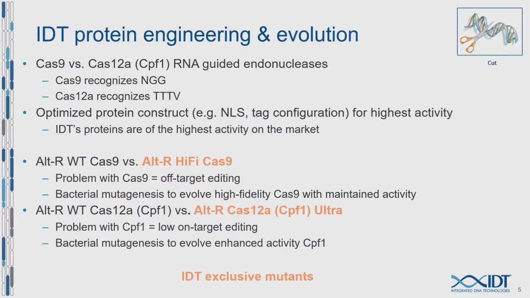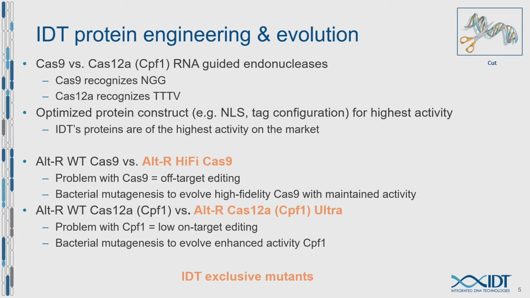At IDT, our research group also has a good amount of effort put into protein engineering and evolution. So we have nucleases that support both Cas9 and Cas12a, making the double-stranded break. And I want to discuss here some problems that were initially discovered with both of these. So with wild-type Cas9, we've seen off-target editing.